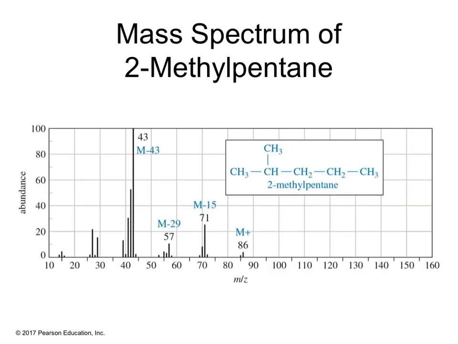Here, if you add up the whole molecular formula, you would get 86, and then this mass minus 43, I guarantee you is this, because this would be your most stable. You would do it like that, like, oh, it breaks right here. That would be your most stable carbocation or free radical.